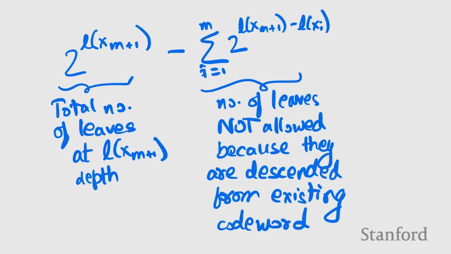So what we have shown is that this is greater than or equal to 1. So there is at least one leaf left at every step, which you can assign to your next symbol, xm plus 1. So at depth lxm plus 1, there is at least one leaf which is left. So that is basically the proof.